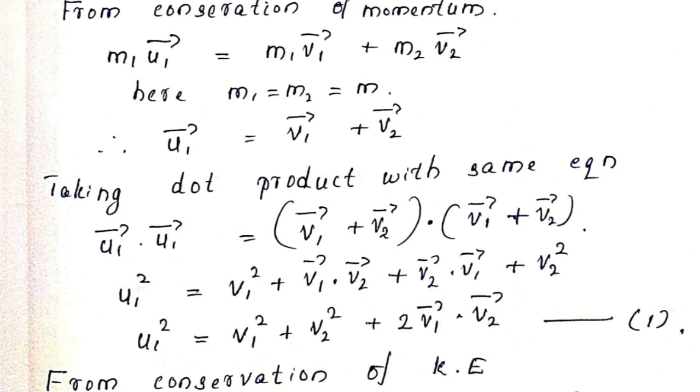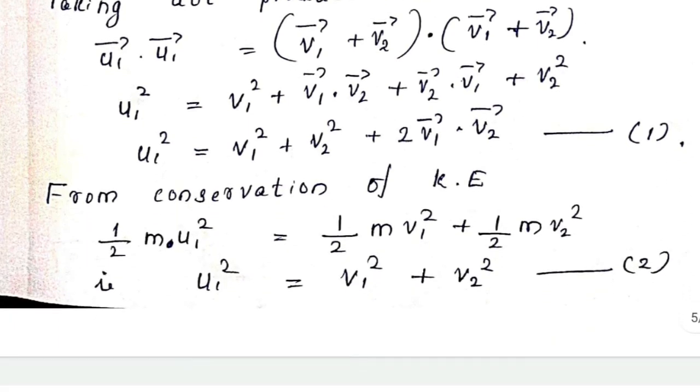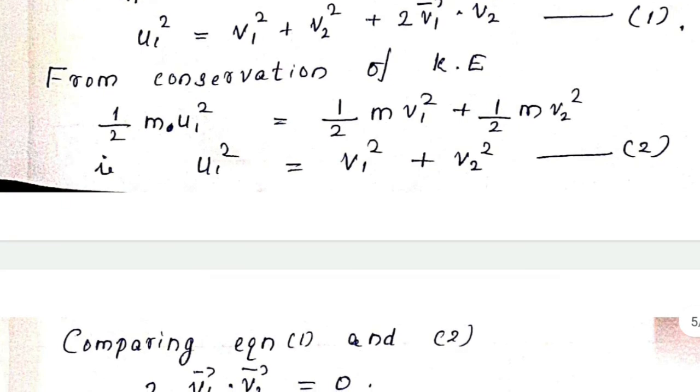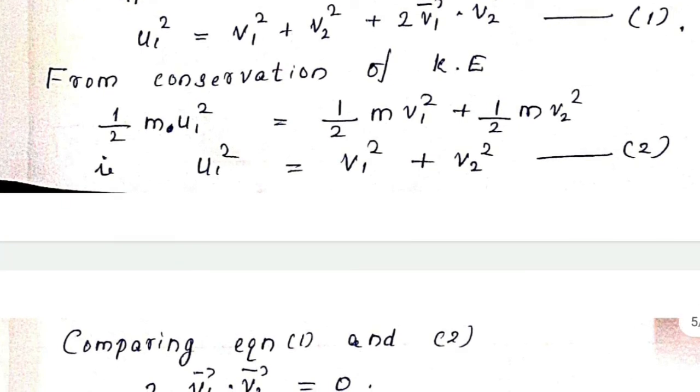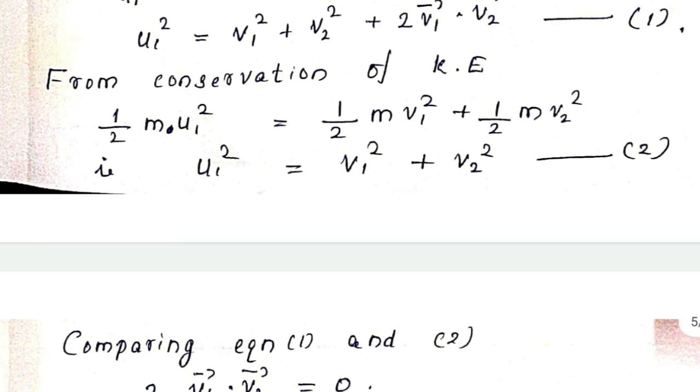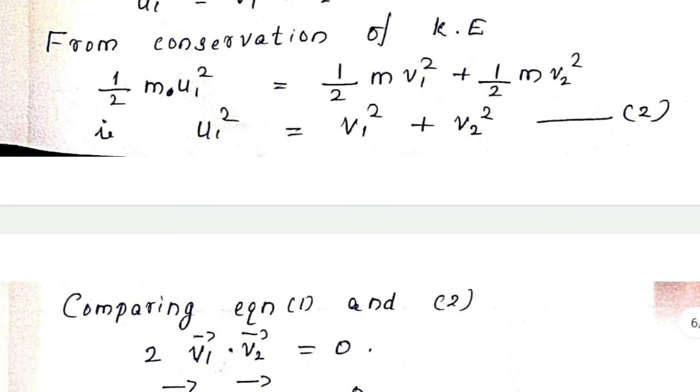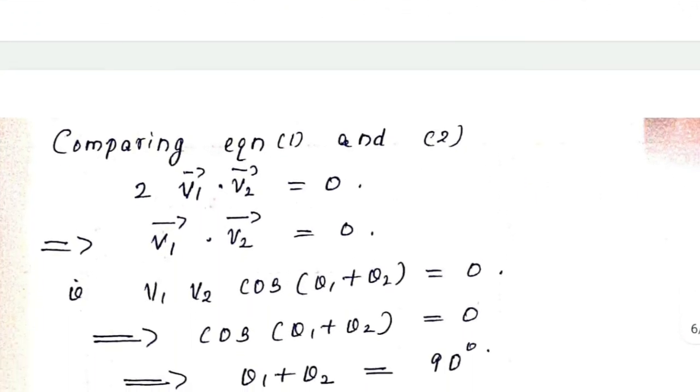So we can write the two terms as 2 v1 dot v2. So in short, u1 square is equal to v1 square plus v2 square plus 2 v1 dot v2. Let that be equation 1. Now from the conservation of kinetic energy, we have half m u1 square equal to half m v1 square plus half m v2 square. That is, u1 square is equal to v1 square plus v2 square, that is equation 2.